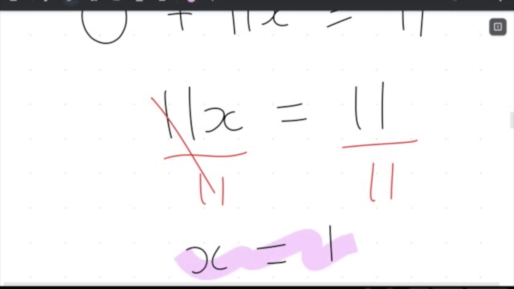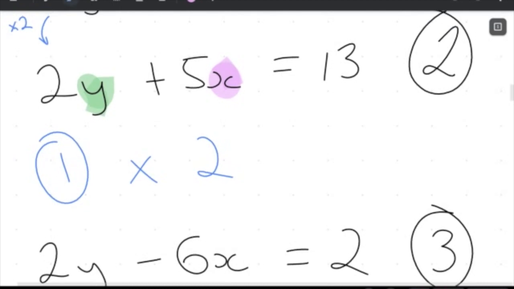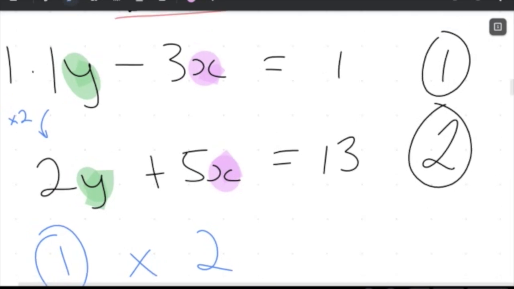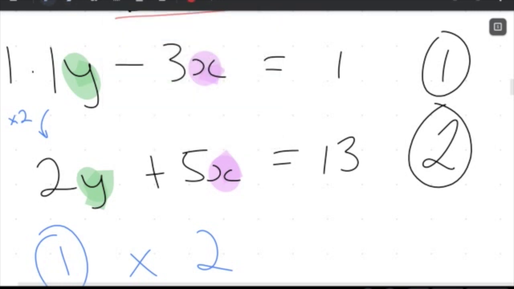And now that I have this value of x equals 1, like with the end bits of the substitution method, I just need to put this value of x into one of these equations in order to find my y. Now, like we said in the previous video, we want to go with the path of least resistance. So we want to put this in the equation that is going to be the simplest to work from.